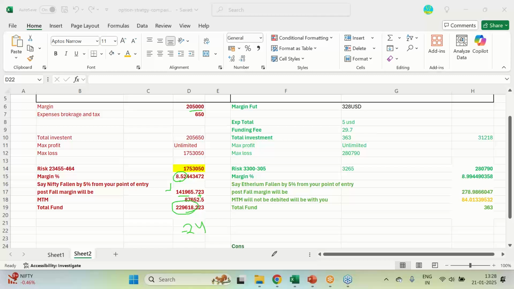Now to continue this position, you required extra money of 24,000. Because you have only 1,17,000 rupees left after M2M, you require another 24,000 addition to your M2M or margin money to continue that position. This is where the majority of traders lose. I have told you about the futures part.